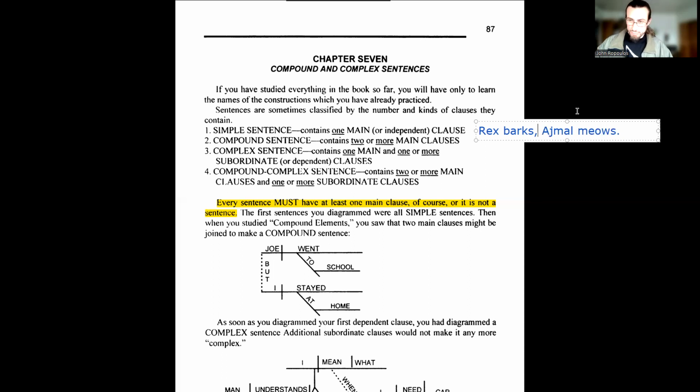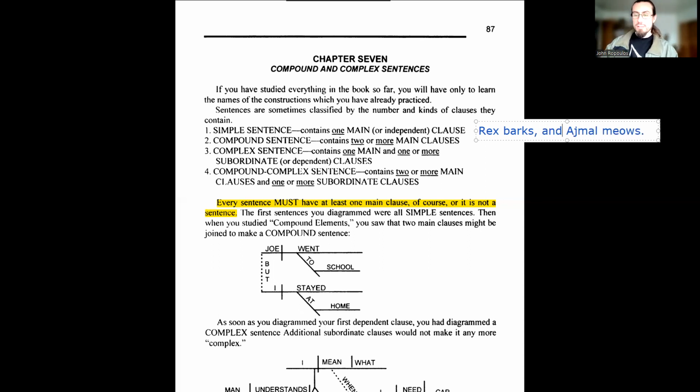So what you need to do is put either a semicolon, that'd be one way to do it, or a period, which would take away its status of being one sentence. It would be two sentences. But if you want to keep it one sentence, you're going to put a coordinating conjunction: FANBOYS, for, and, nor, but, or, yet, so.